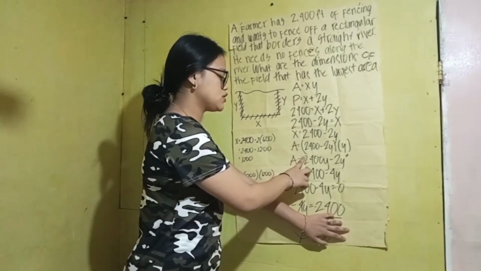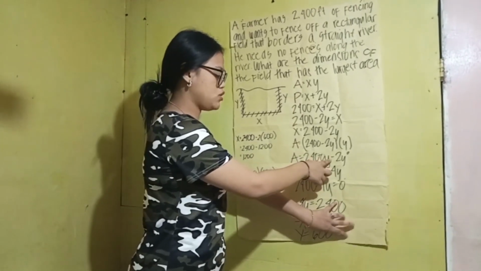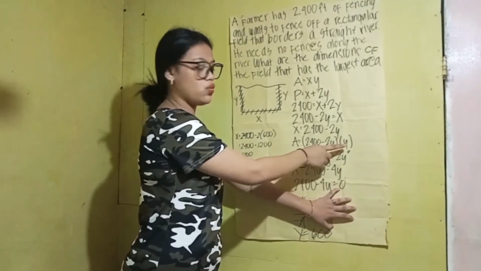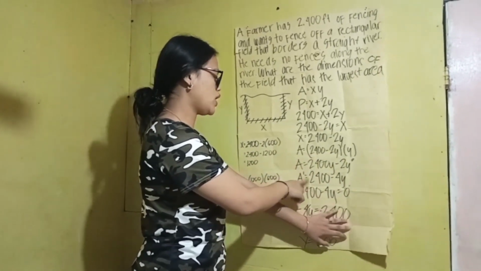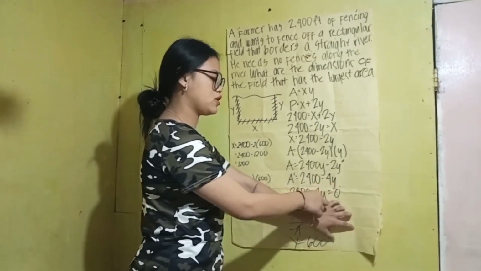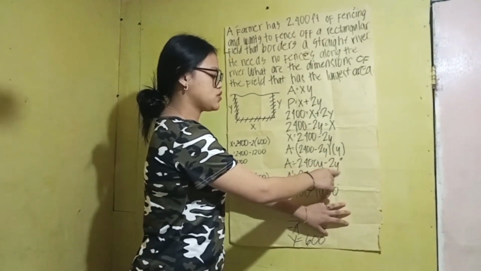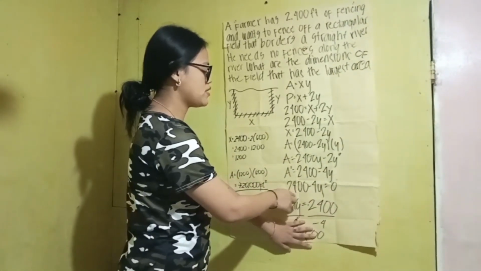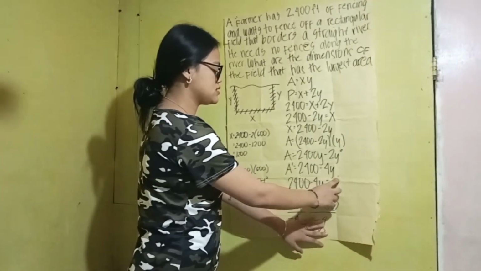A equals 2,400y minus 2y squared. And A prime equals 2,400 minus 4y. Here, 2,400 minus 4y equals 0.